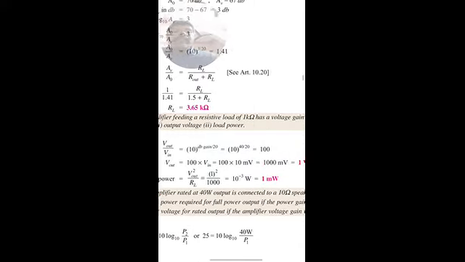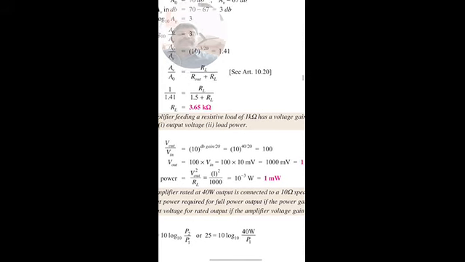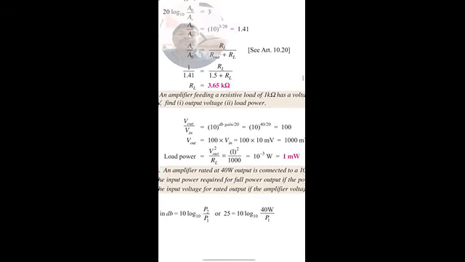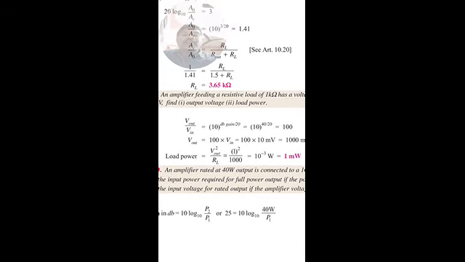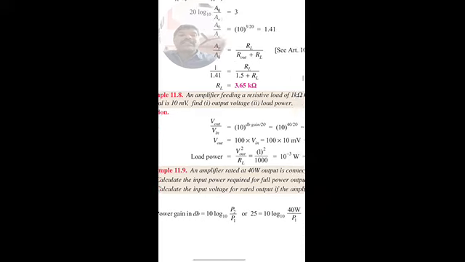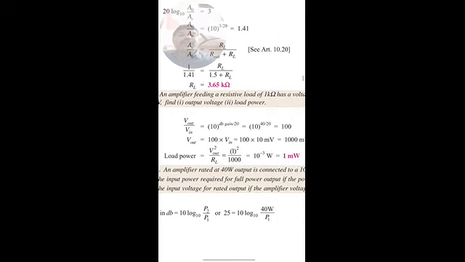Power is equal to V square by RL, Vout square by RL. Vout we have already calculated from the formula 20 log of Vout by Vin to the base 10, that is equal to 40 dB given. Calculate output voltage and substitute it in the load power equation, P is equal to V square by RL, and RL is given, so the power is 1 milliwatt.